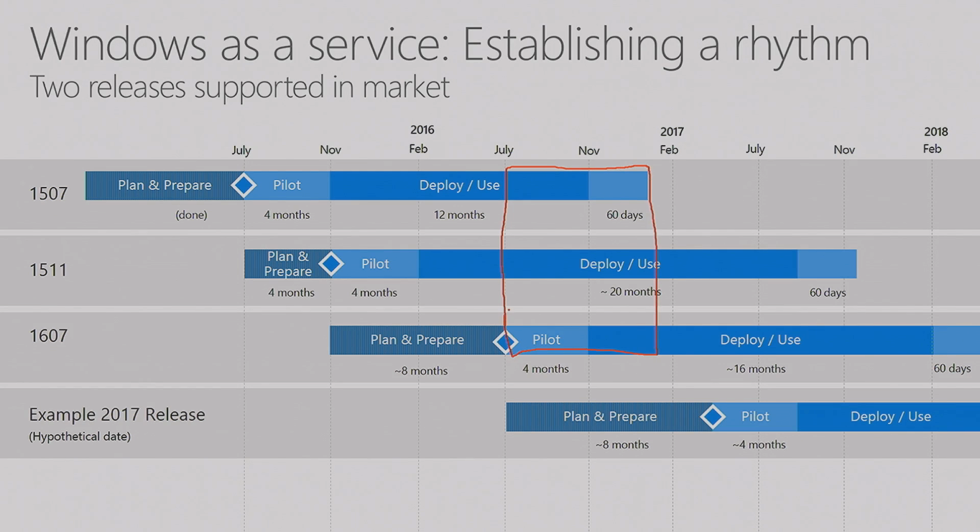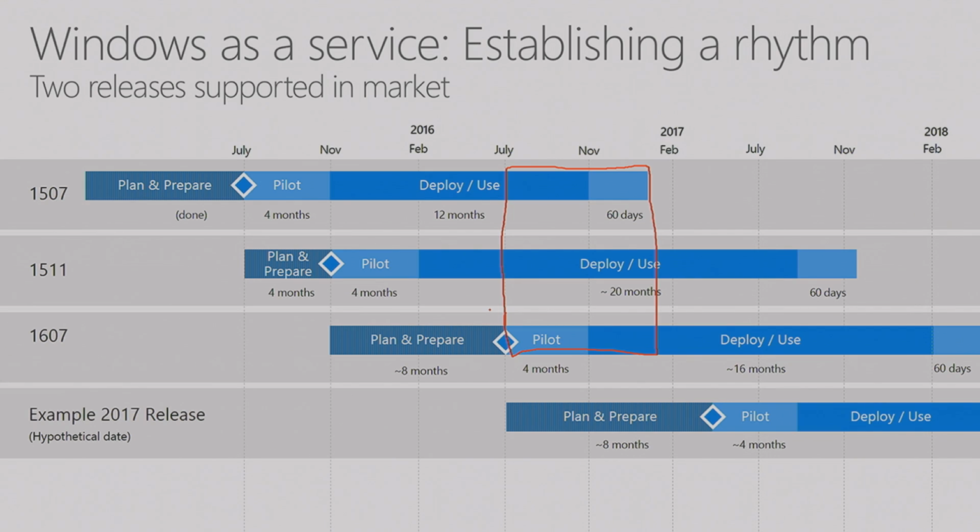So you could potentially skip a release, but in order to do that, you have to deploy every PC in your organization within a 6-month period of time. That's a little cramped. So we would much rather you deploy each of these releases as they come out to avoid that sort of challenge.